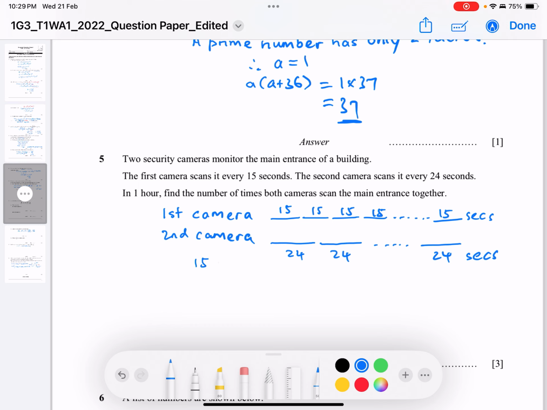So 15 is 3 times 5, and 24 is 2 cubed times 3, and the LCM is 2 cubed times 3 times 5, which gives us 120 seconds. And 120 seconds is actually 2 minutes.